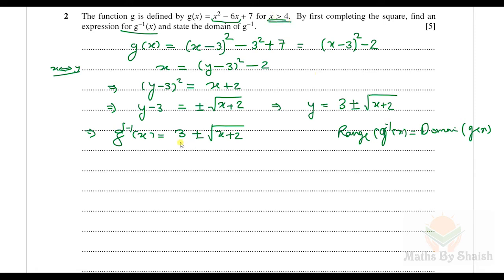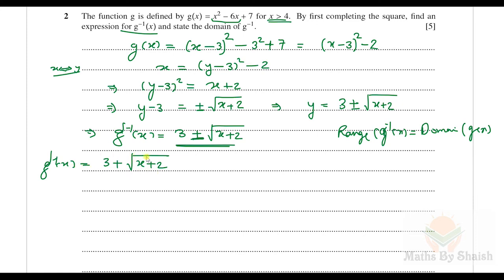So this should be greater than 4. In order to make this greater than 4, we have to take 3 plus √(x + 2), because if we take minus, then it would be 3 minus a positive quantity, which will always be less than 3. So g⁻¹(x) = 3 + √(x + 2).